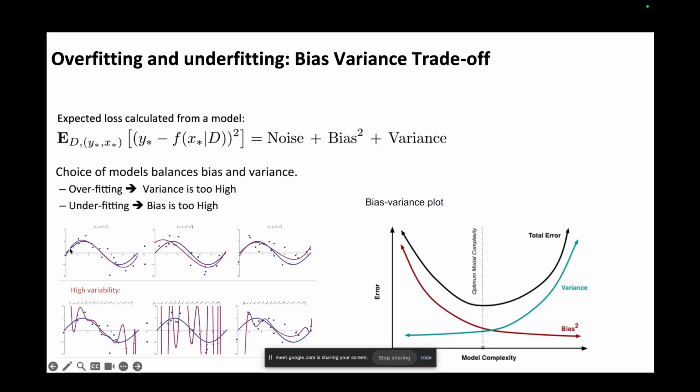So for example, this is a data. These are data points. The dots are the data points, and the curve is the curve that actually explains the behavior of these data points. This particular plot on the top is actually showing overfitting of the data.